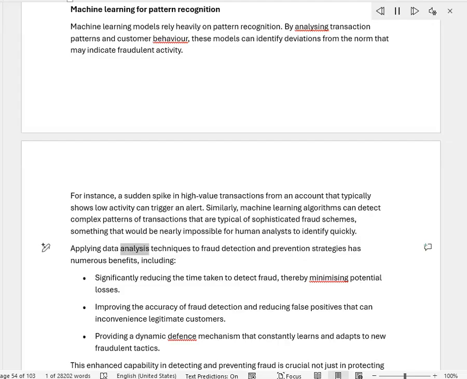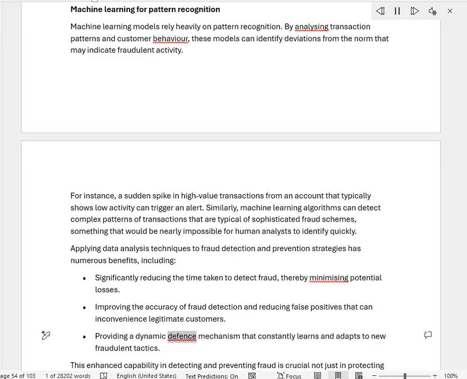Applying data analysis techniques to fraud detection and prevention strategies has numerous benefits, including significantly reducing the time taken to detect fraud, thereby minimizing potential losses. Improving the accuracy of fraud detection and reducing false positives that can inconvenience legitimate customers.